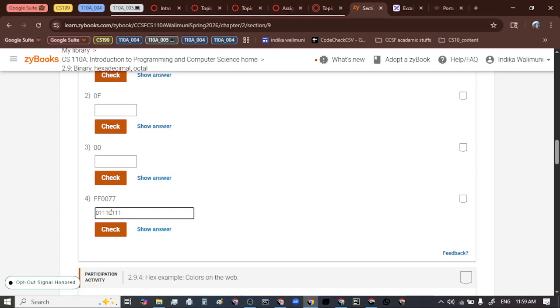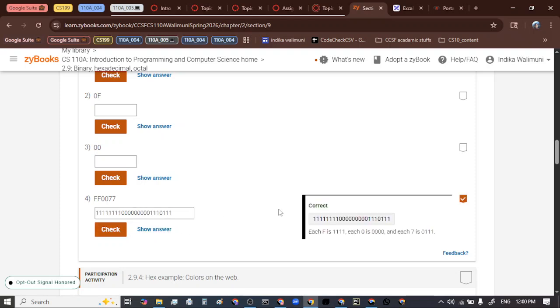Now we have 0, so you write 4 zeros. And there's one more 0, so you write 4 more zeros. See that this 1 0 in hex is 4 zeros in binary. That's what I did. And now we have F. F is 1 1 1 1. We have one more, so we go to the front again and write 1 1 1. I think this is correct.